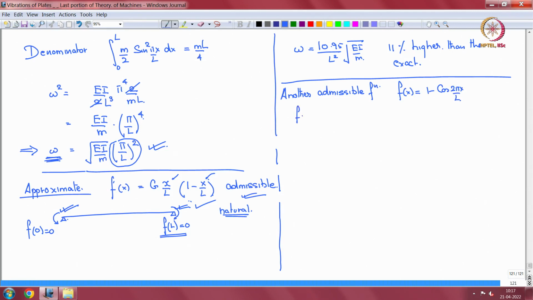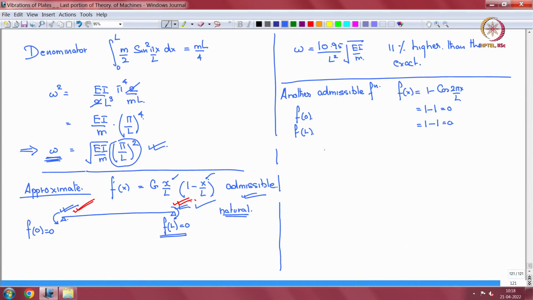Because if I check f at 0, I get 1 minus 1, which is 0. If I check f at L, then I get 1 minus again 1, which is 0. So at both ends the displacement goes to 0. So it's an admissible function.